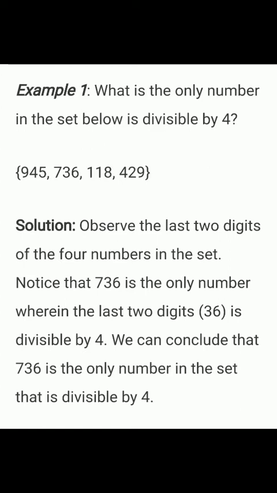Notice that 736 is the only number where the last two digits, which is 36, are divisible by 4. So we can say that 736 is the only number in the set that is divisible by 4 because the last two digits of the other numbers are not divisible by 4.